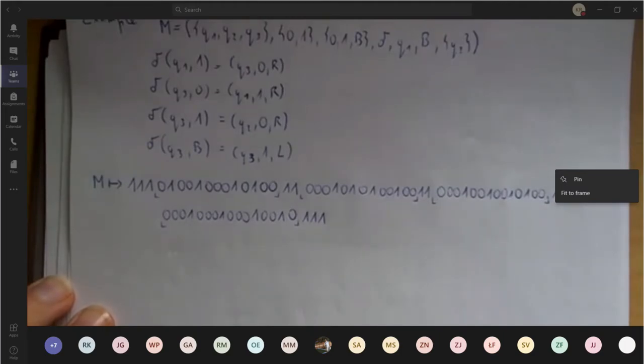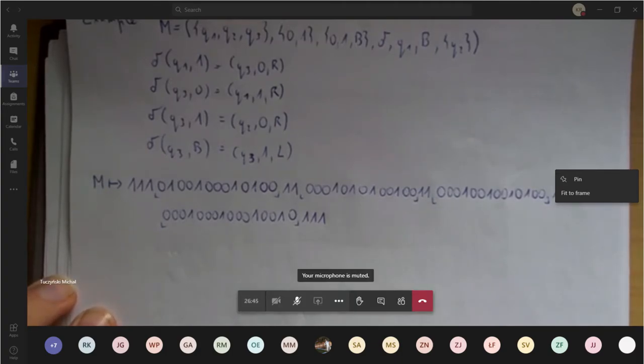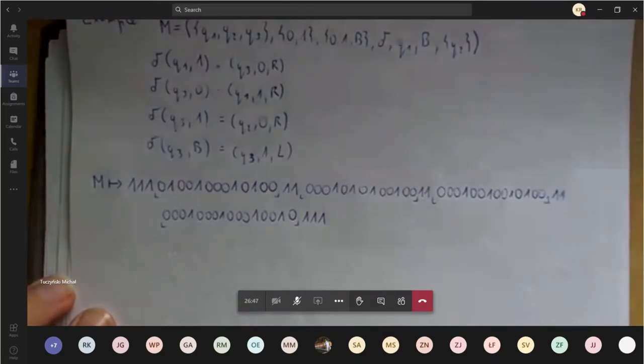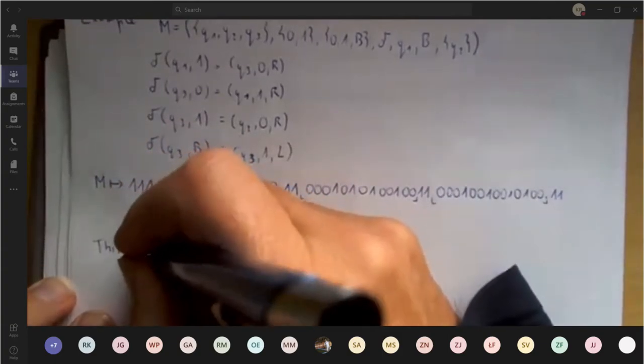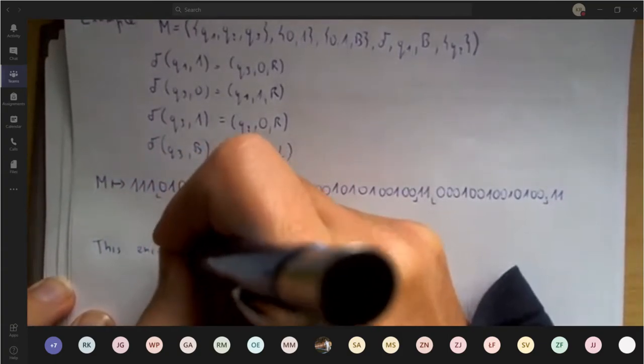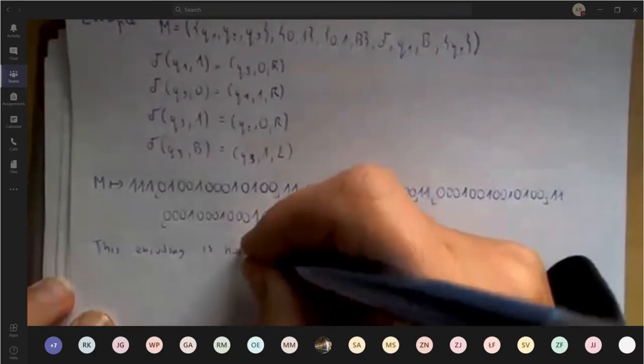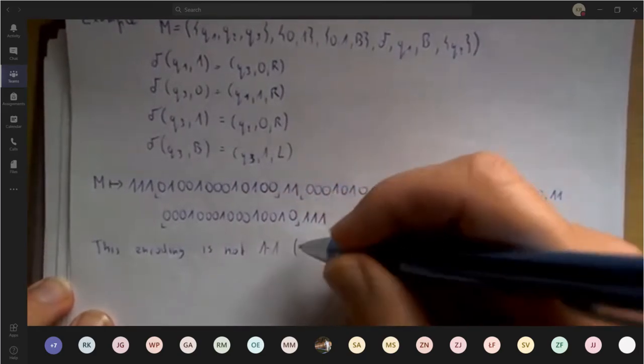Okay, so of course this encoding is not one-to-one, because for example we can change the order of moves, and the same Turing machine will have a different code. So this encoding is not one-to-one. This is not a function.